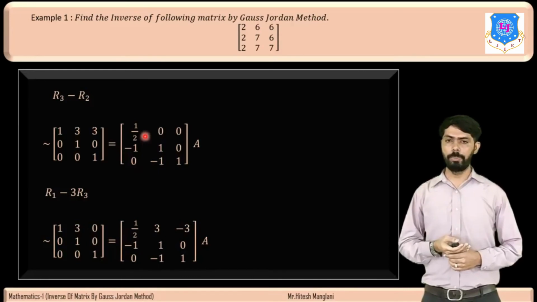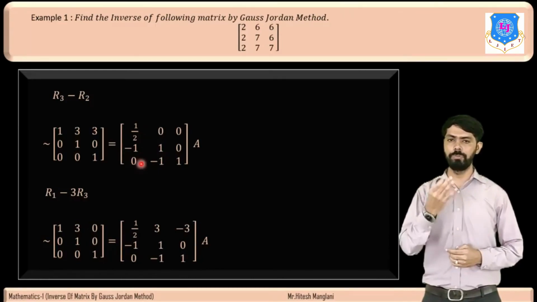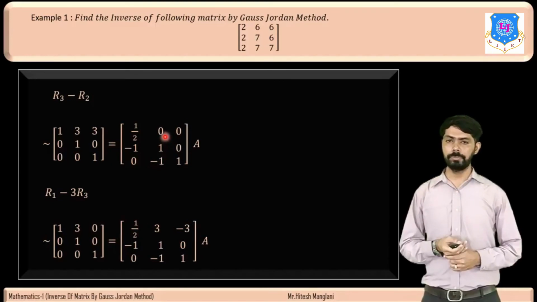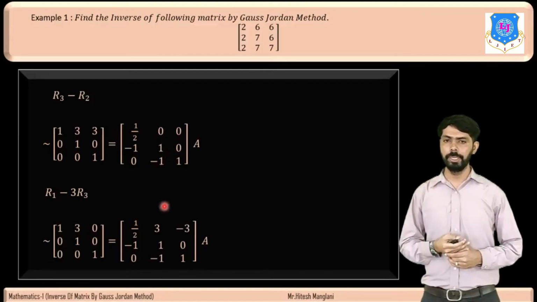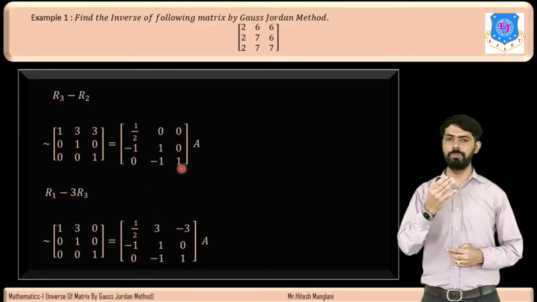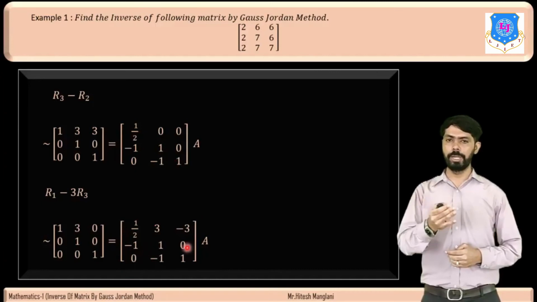So if we apply R1 minus 3R3, here 1 by 2 minus 0 will be 1 by 2. Then 0 minus 1 into 3, therefore 0 minus 3, so it will be minus 3. And the second row and third row will be as they are, that is minus 1, 1, 0 and 0, minus 1, 1.